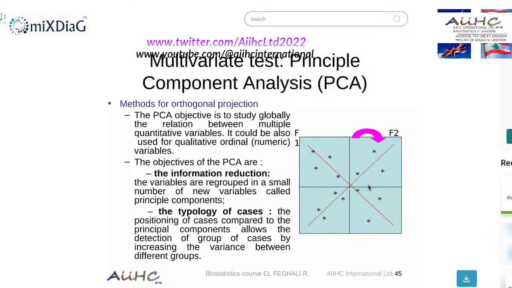Otherwise, you can consider the observations as variables, and you can make the same thing. I won't talk about this right now, we'll give a concrete example, but you can transpose your matrix and apply the PCA, principal component analysis.